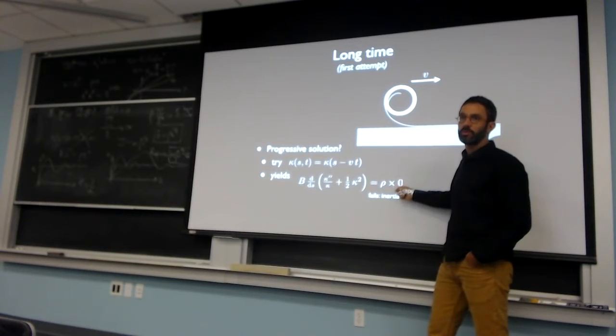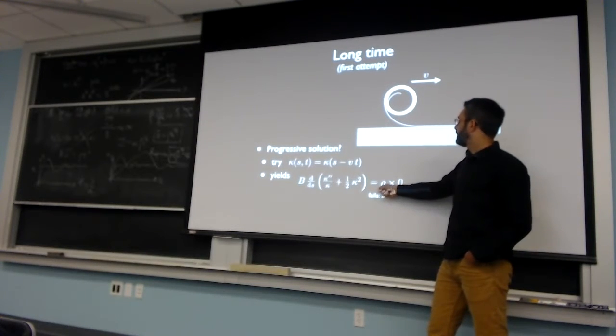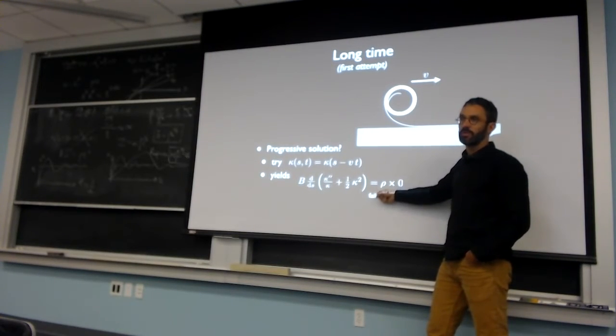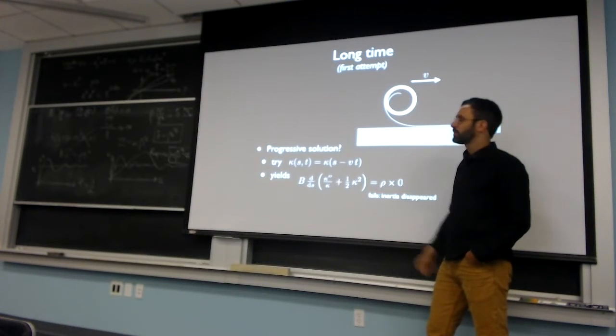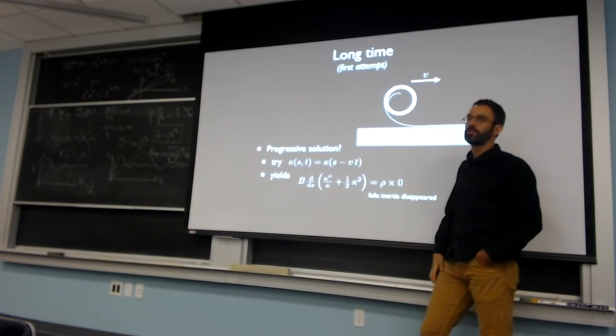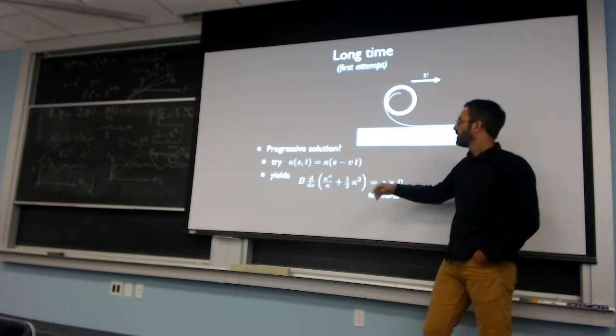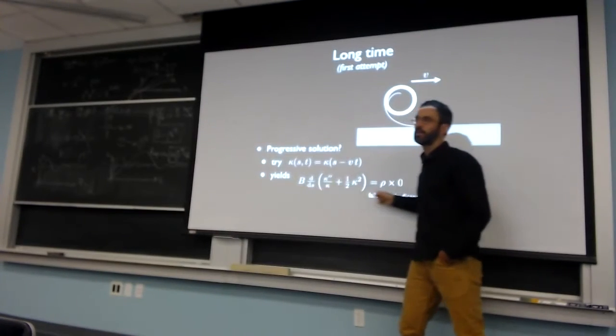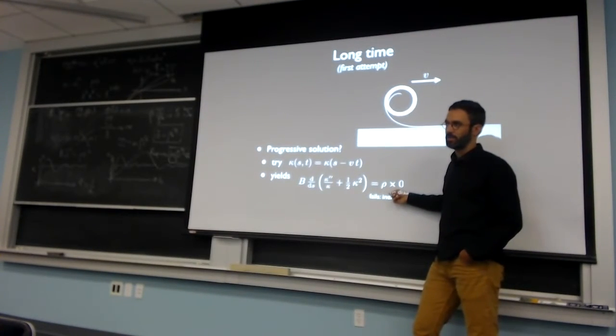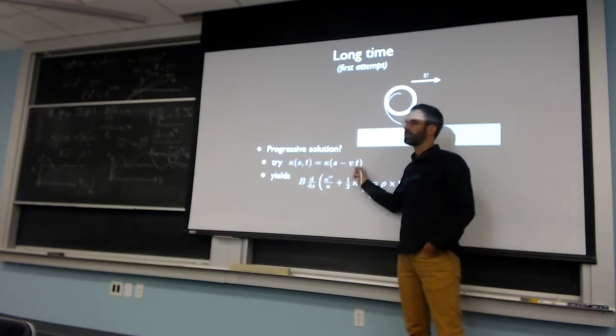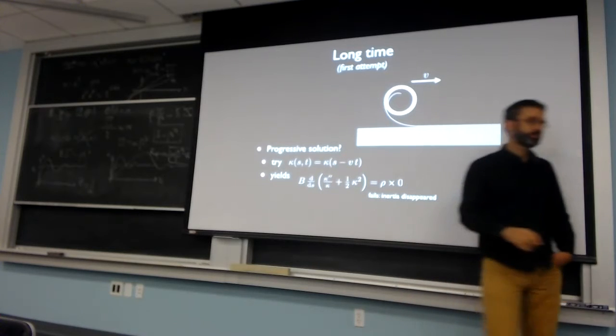And the 0 here is the inertia term that comes with the mass per unit length. So it's bad news because there's not really a way to select a velocity for a front with just elasticity and no inertia. So that's not the form of the solution.